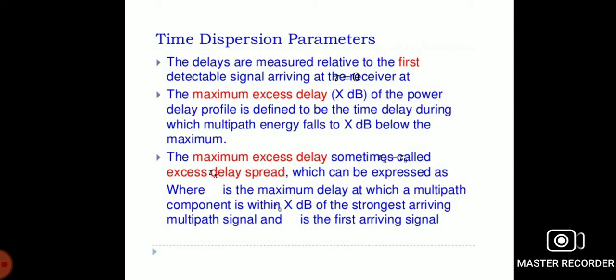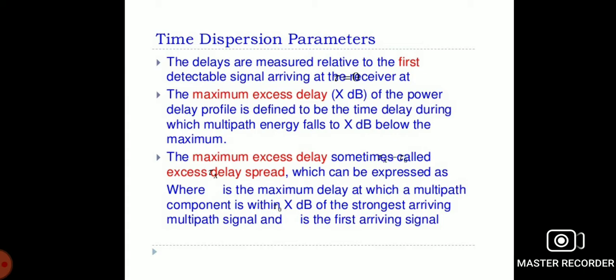These dispersion properties are considered with respect to wideband multipath channels, and they are qualified by the RMS delay spread and mean excess delay, denoted as tau bar.